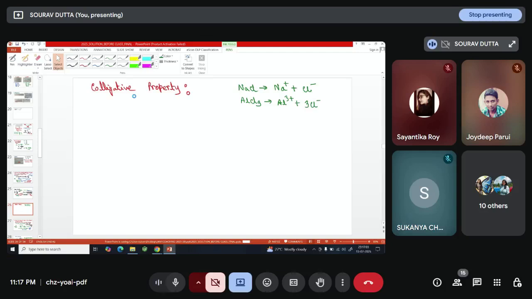There are 4 qualitative properties. One, that I have already told you, is relative lowering of vapor pressure.